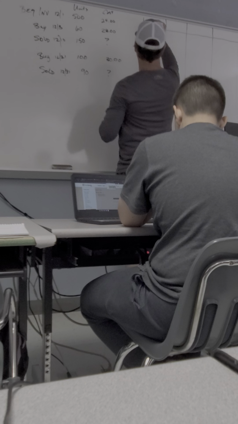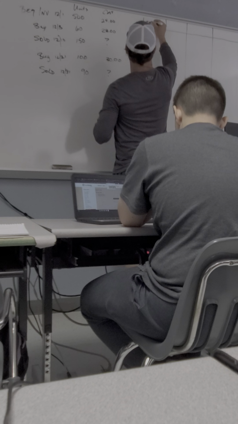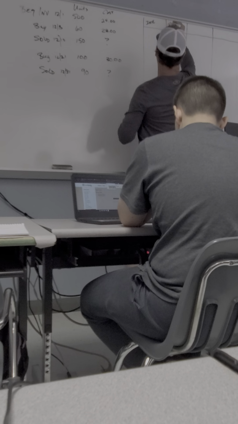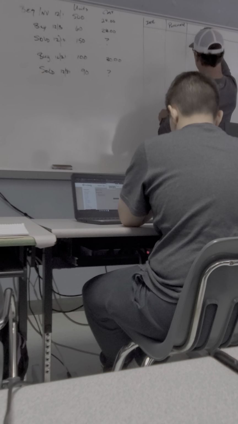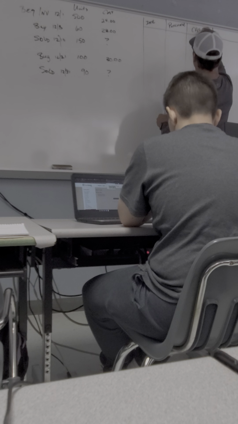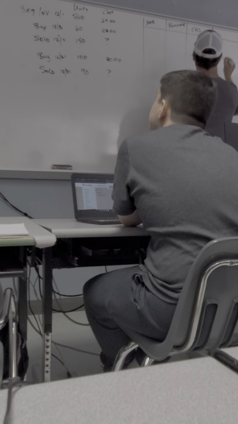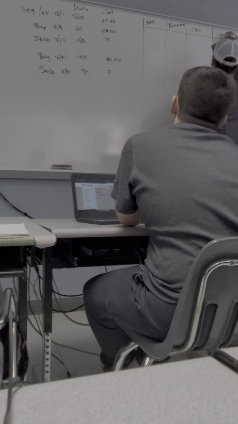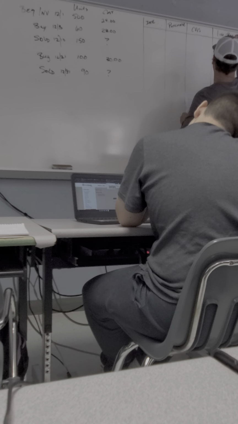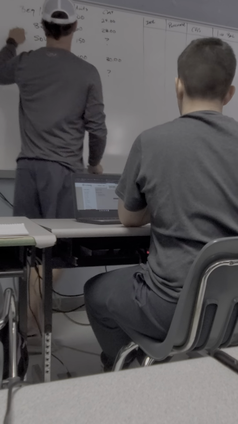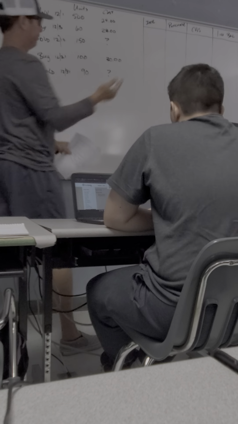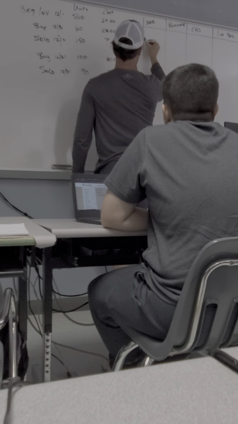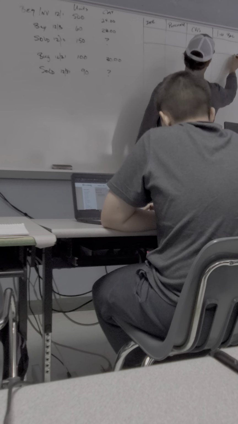Let's go: date, purchase, cost of goods sold, CGS, and inventory balance. How many things do we have up here? 5. So you're going to have 5 different columns.